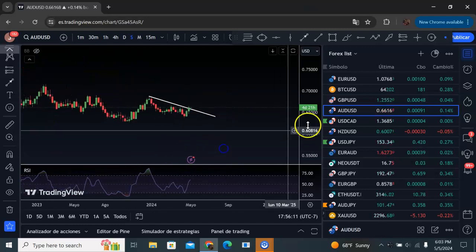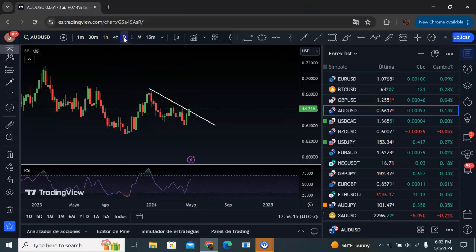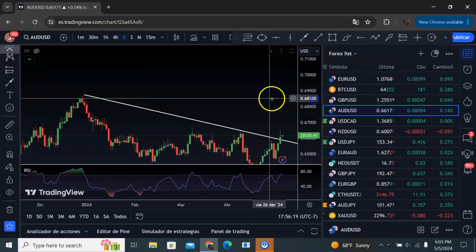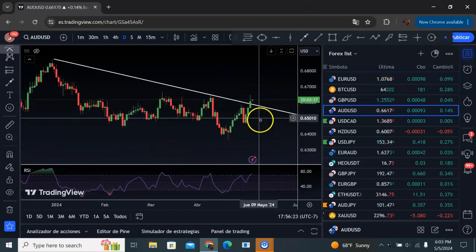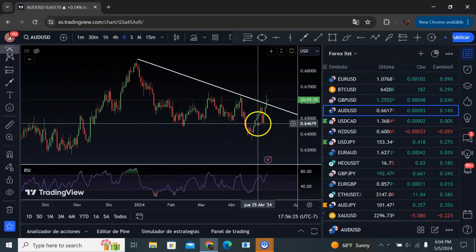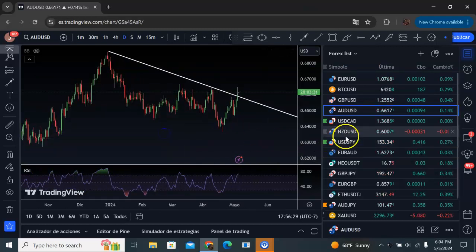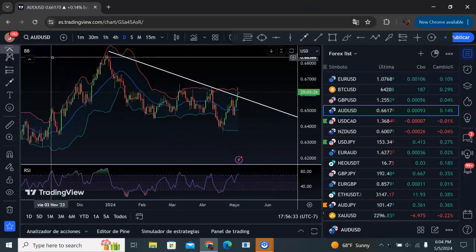The reason for that is it looks like it might start breaking that trend line, which is daily, but I will wait to see a reaction to the low. I want a strong red candle. That'll be like a clear reaction to the low. Okay, that's AUD/USD. So I would definitely wait right there for that one.